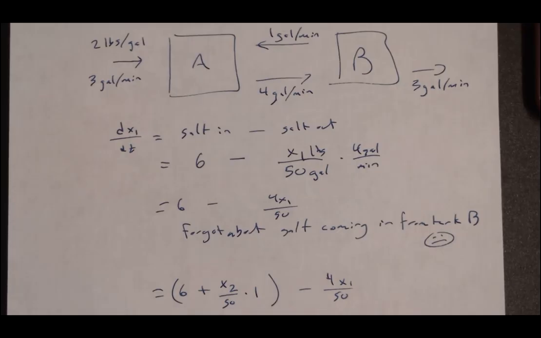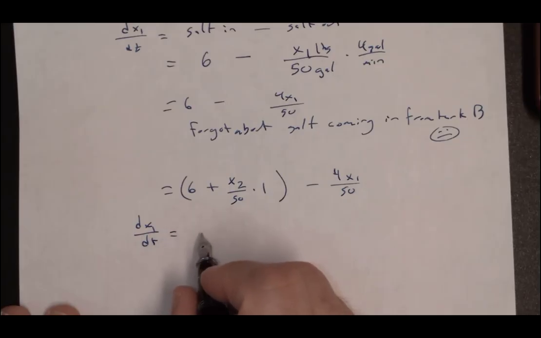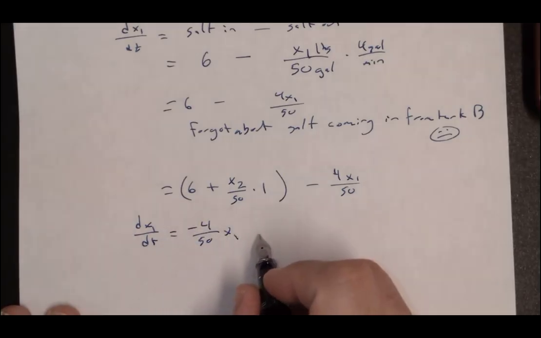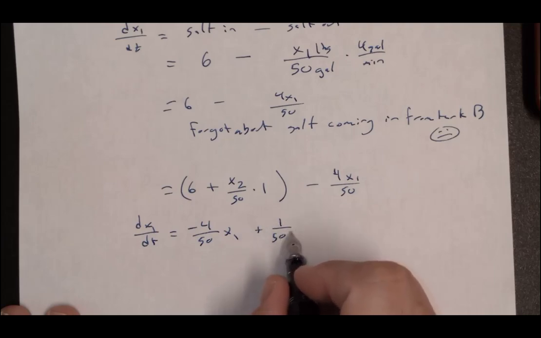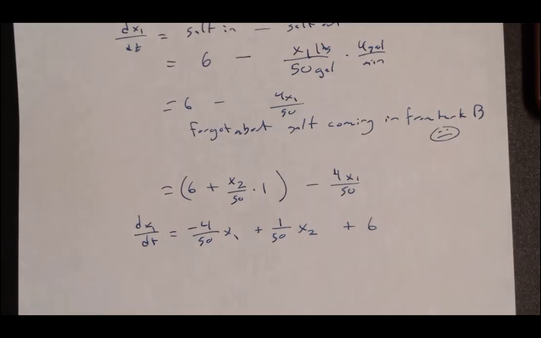So now you'll notice that I have dx1 dt equals, I'm going to write it in order, negative 4 over 50 x1 plus 1 over 50 x2 plus 6. And that's a function of x1 and x2, which are linear. In this case, they have constant coefficients, which is really nice. And then my f1 of t is also a constant.